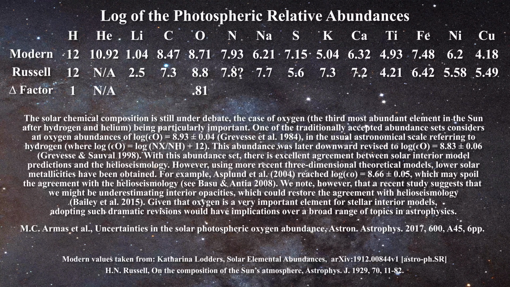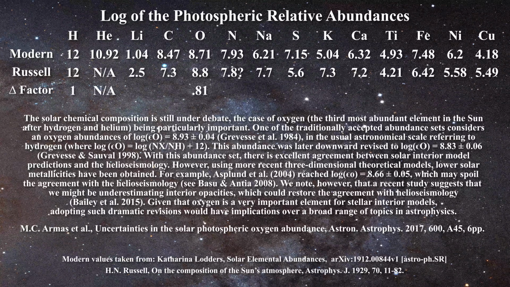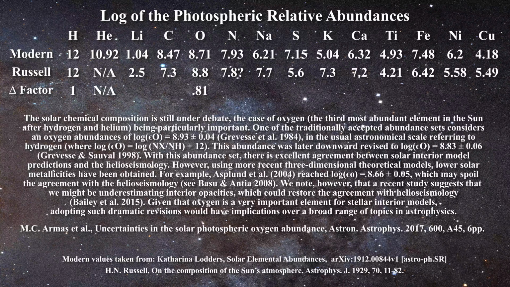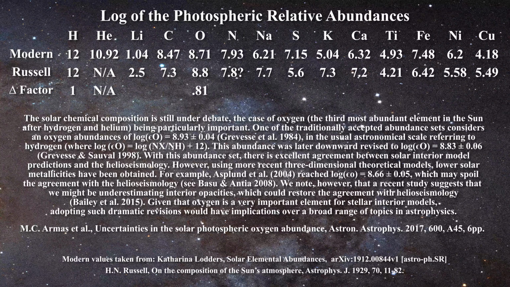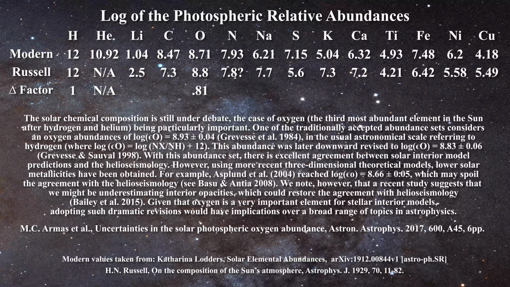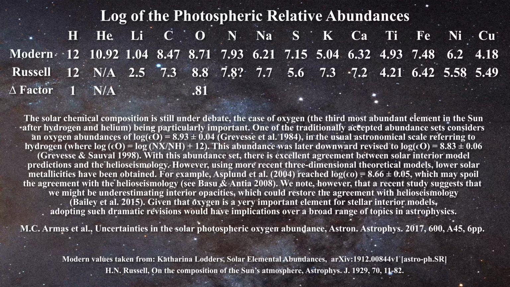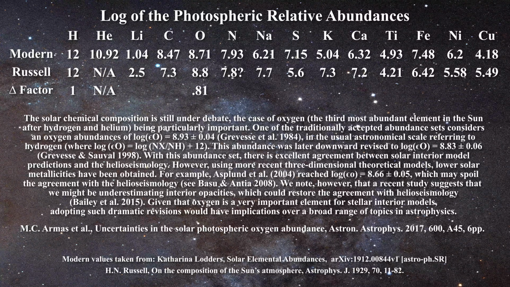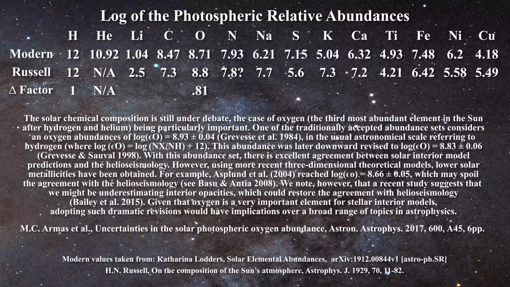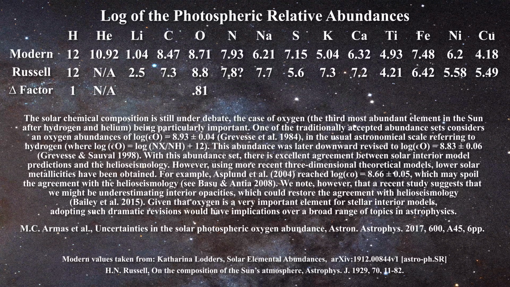For example, Epsilon et al. reach log epsilon oxygen equal to 8.66 plus or minus 0.05, which may spoil the agreement with the helioseismology. Note, however, that a recent study suggests that we might be underestimating interior opacities, which could restore the agreement with helioseismology. Given that oxygen is a very important element for stellar interior models, adopting such dramatic revisions would have implications over a broad range of topics in astrophysics."